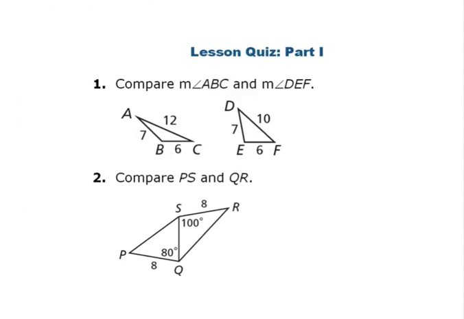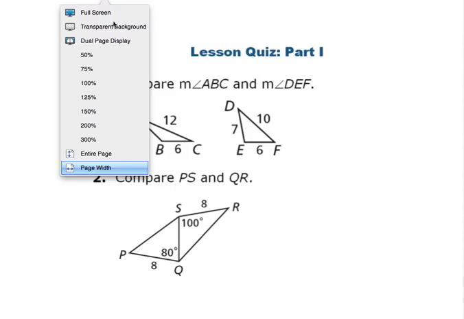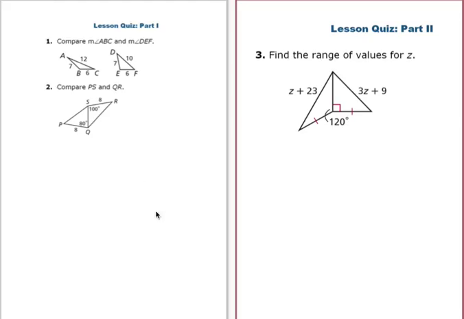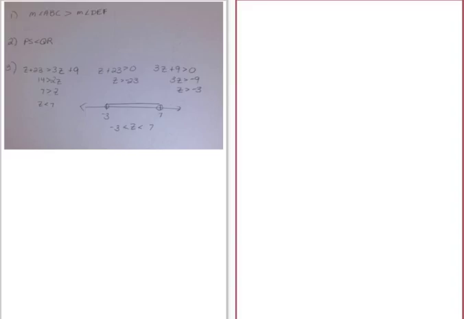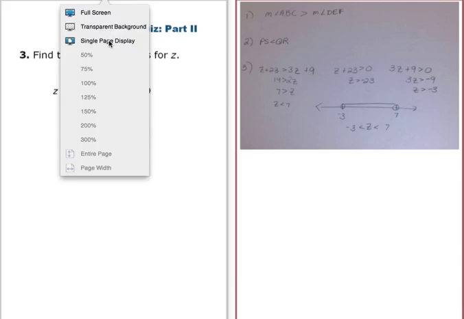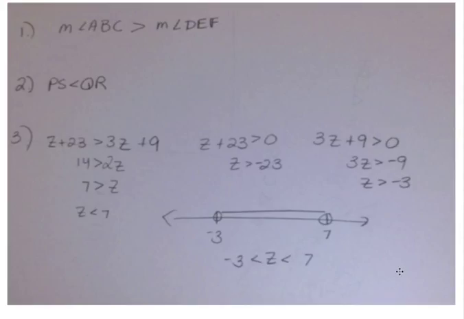All right, the next thing I want you to do is try these 3 problems. Press pause when you're ready to see the answer. Press play. And here are the answers.